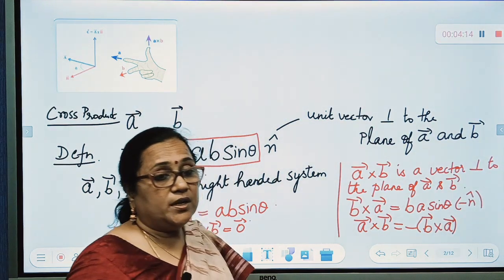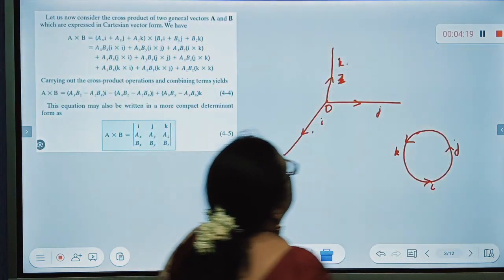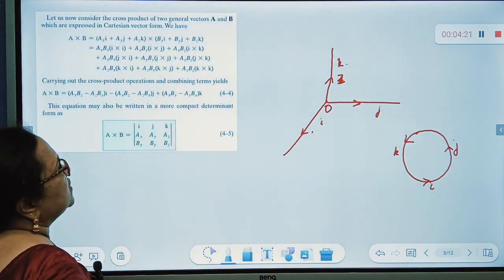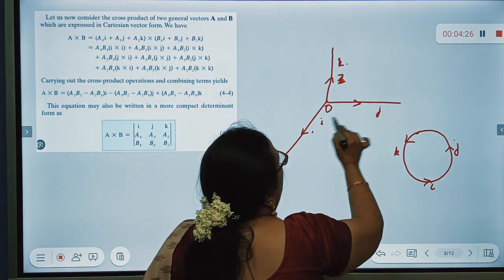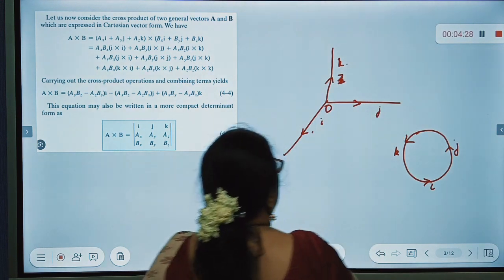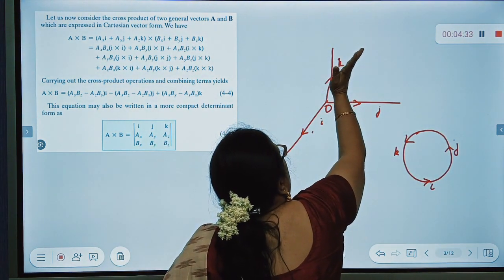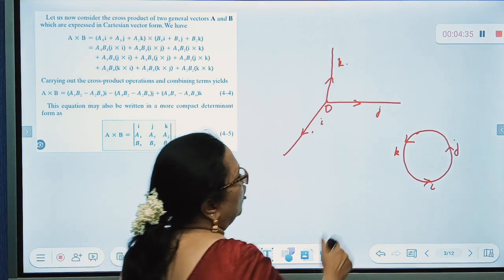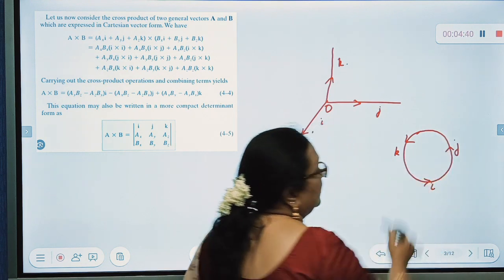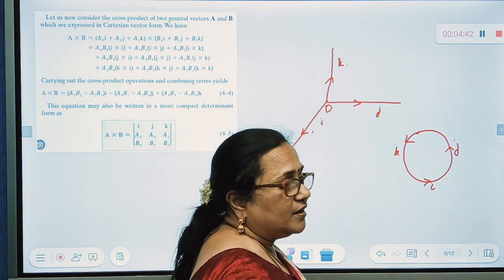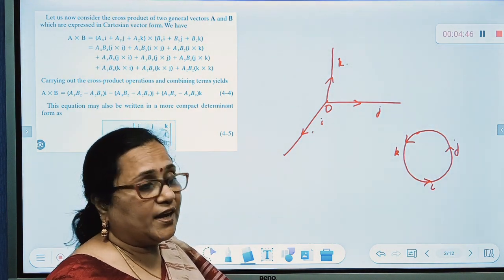Now, we are going to see how to actually calculate the cross product. For this, I want you to consider three mutually perpendicular vectors i, j and k. And also look at this circular permutation of the vectors i, j, k. This is for us to compute the cross product of the unit vectors i, j and k.